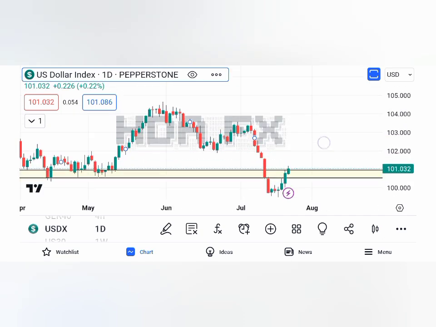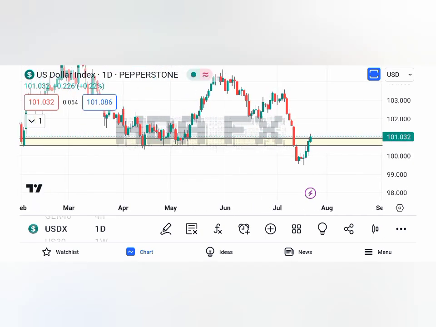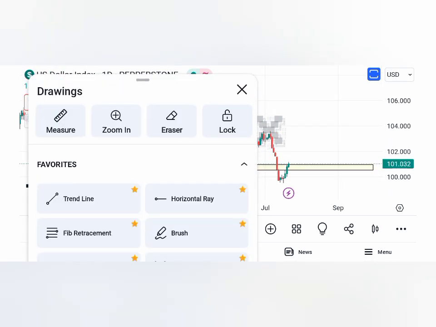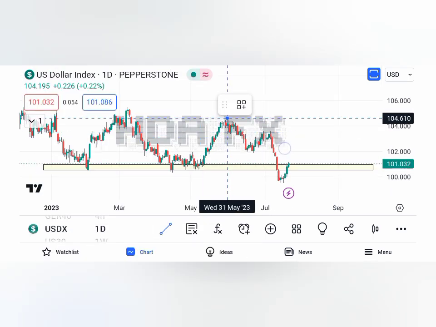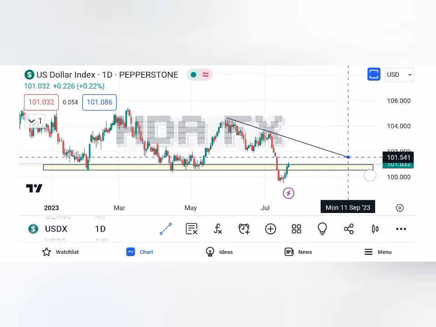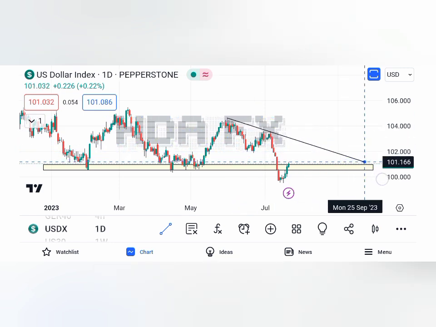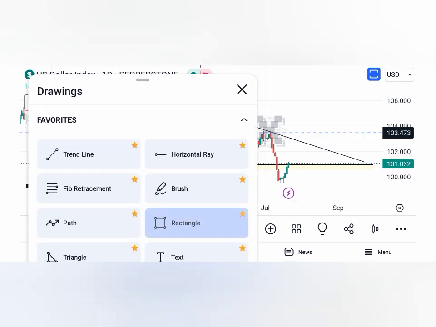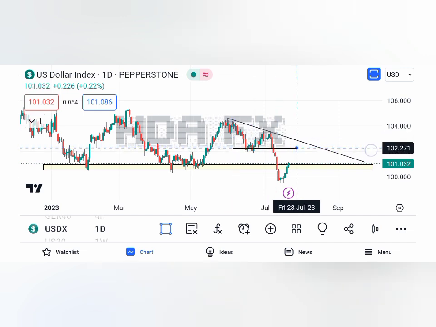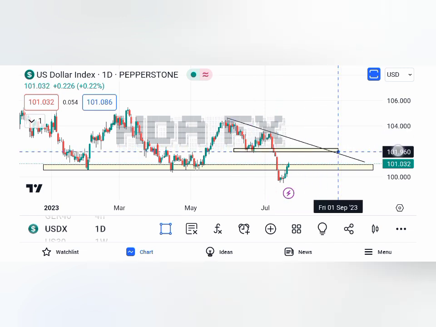On the daily time frame, we can spot a trend line here, and now we can spot another structure here on the daily time frame.